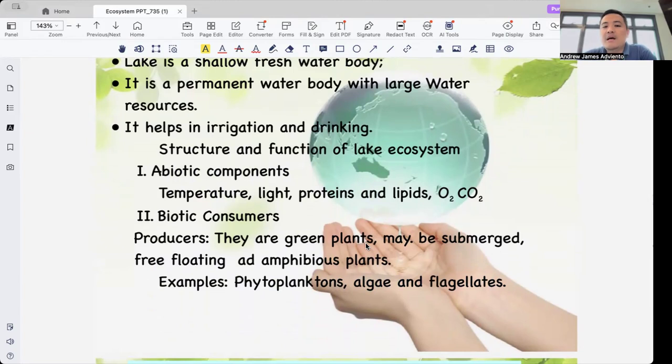Abiotic are the sunlight, the water chemistry, the temperature, and the dissolved oxygen. For biotic, these are the producers or autotrophs, and then heterotrophs and decomposers as well. The function of this structure is to maintain energy flow, nutrient cycling, and ecological stability.